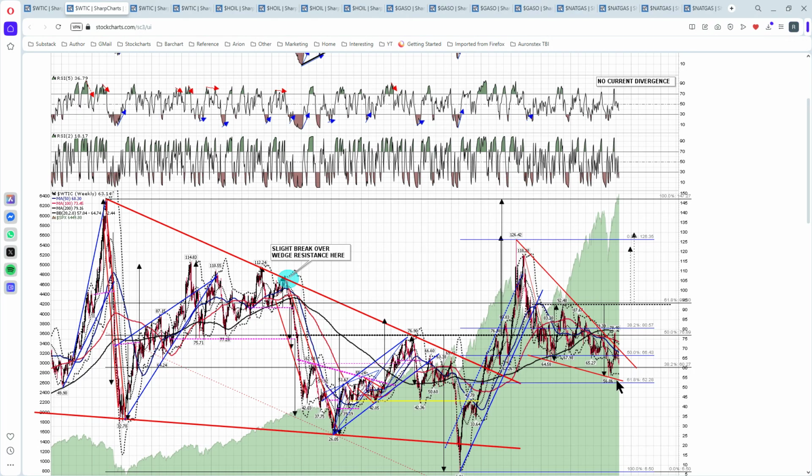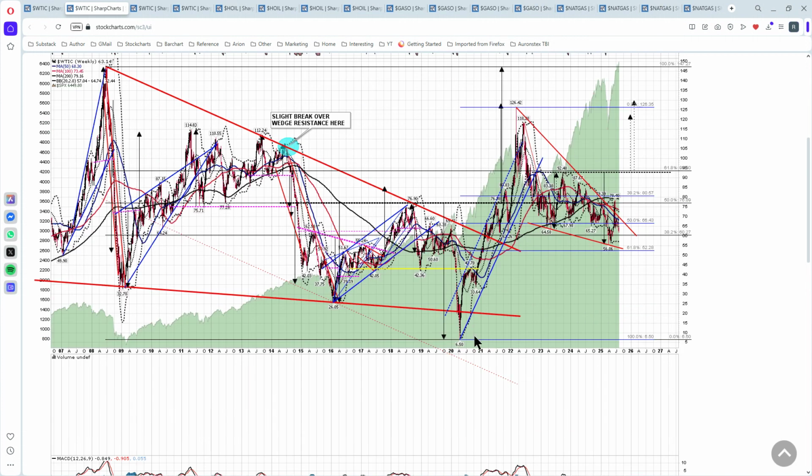I'd put them as unbroken, but, and this is a big but, this would still be an overall bullish pattern, which would be suggesting a retest of this high here in the 126.35 area. Now, I'm not seeing any reasons for that to happen at the moment, but then I wasn't seeing much reason for it to go back up to 126 when we were down here under $10. But nonetheless, it went there.